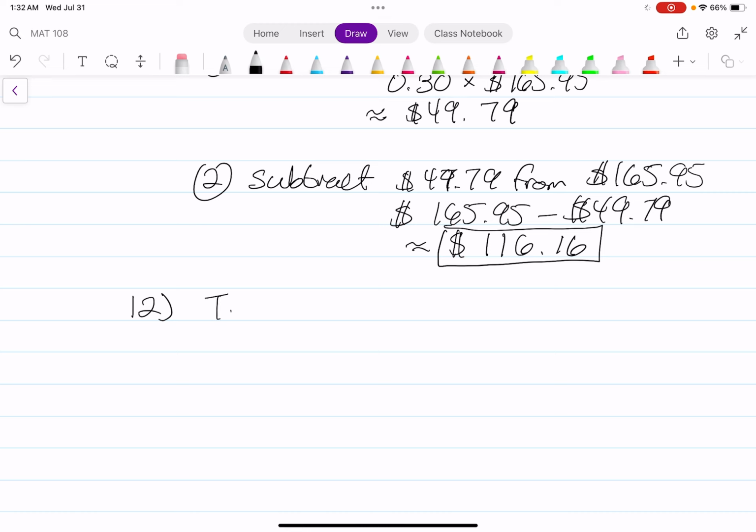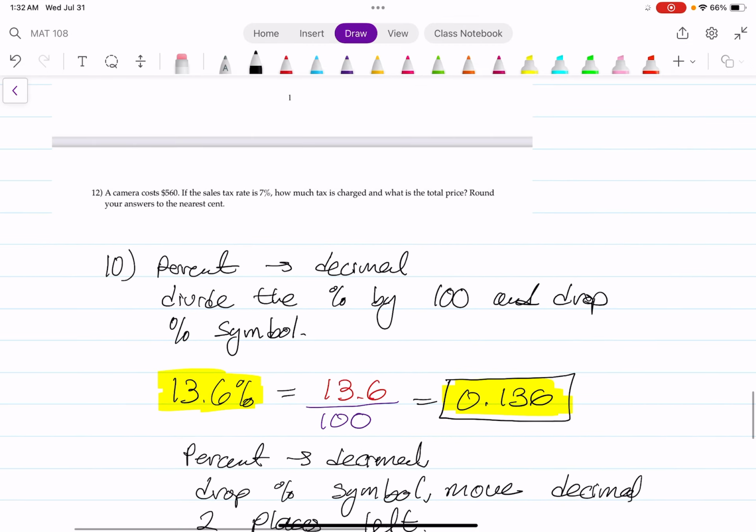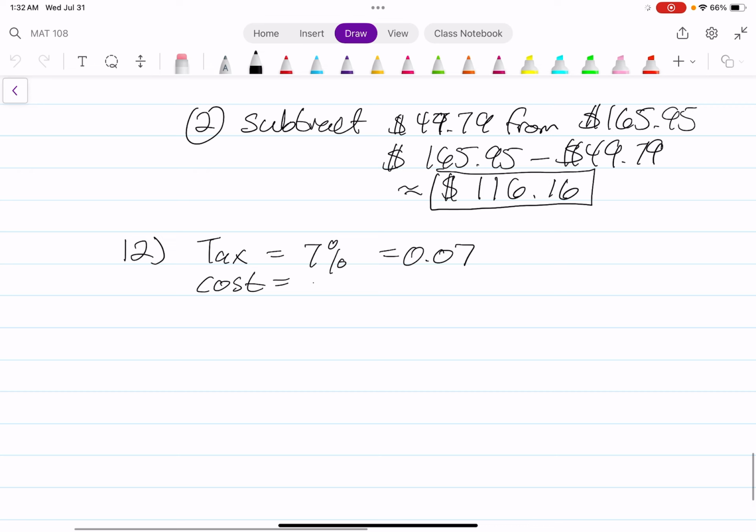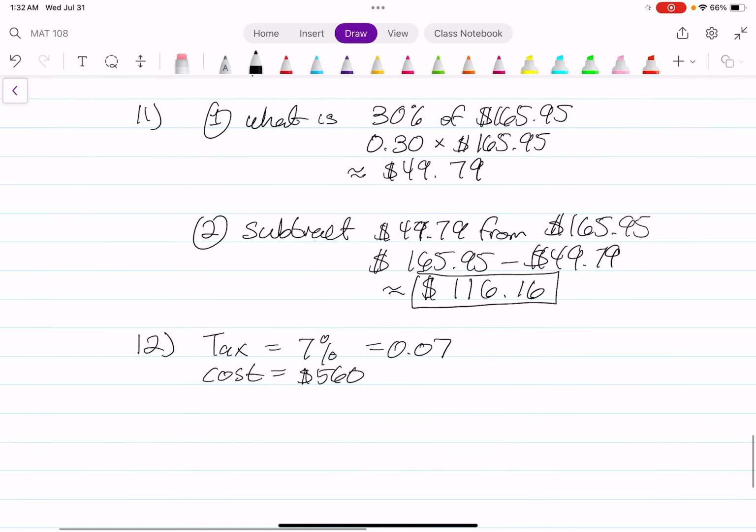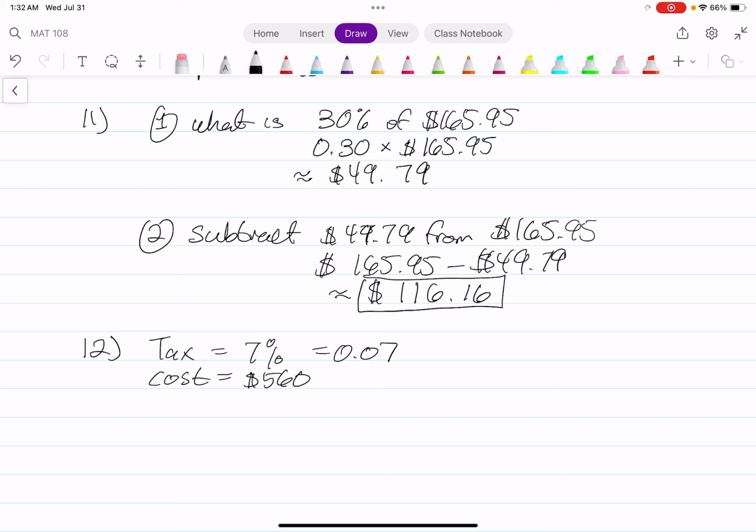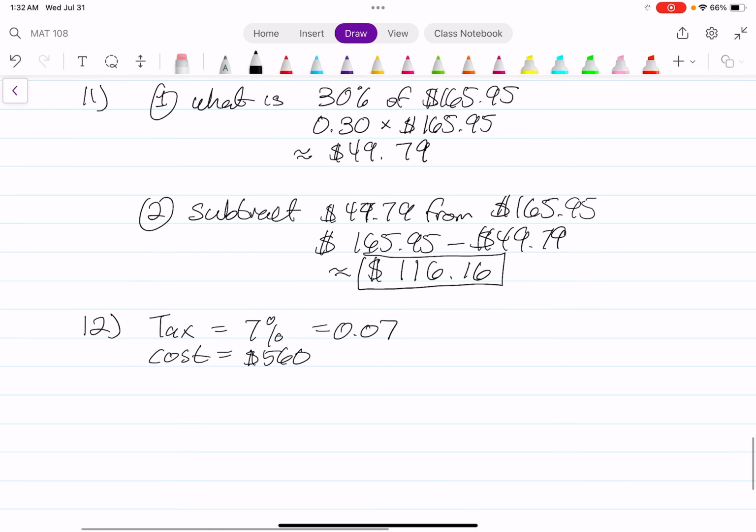So we know the tax is 7%, which is 0.07 as a decimal. The cost is going to be $560. This question is similar to number 11, except instead of subtracting for step 2, you're going to add, because tax is an increase.